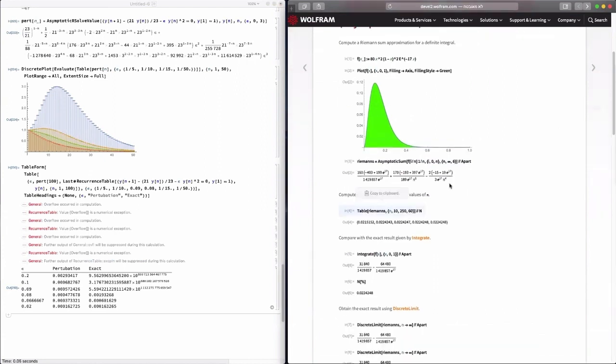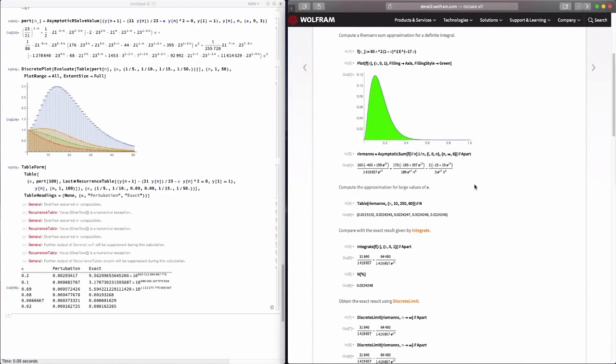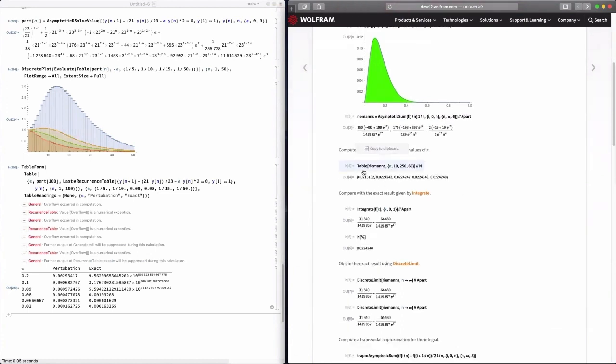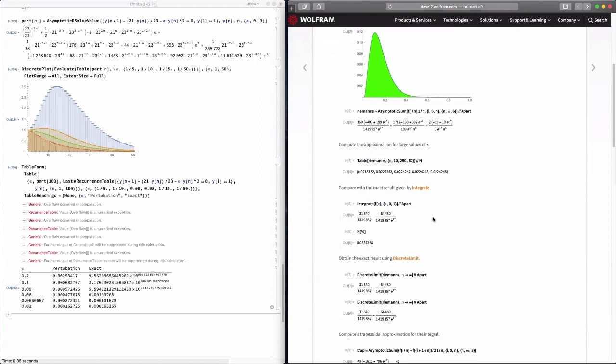So we get some answer, we get a sum, we make a table of values for different values of n, and we compare this last value with the exact integral, and we see excellent agreement.